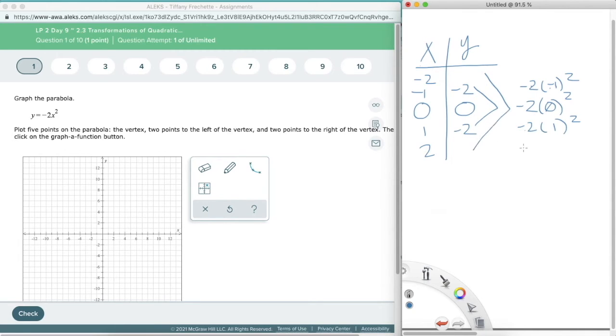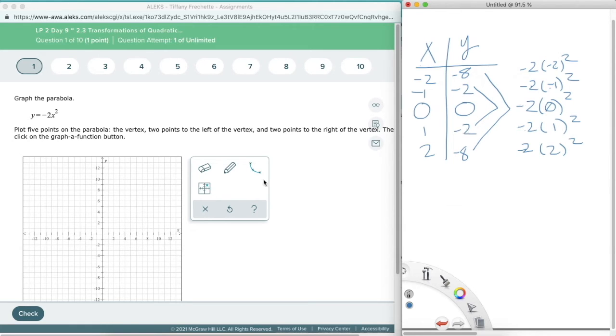So -2 times 2 squared, I get 2 times 2 is 4, times -2 is -8. So if I test this one, -2 times -2 squared, well, -2 squared is 4, times -2 is -8 again. So I can see this mirroring happening. I should see that from the middle, they should be the same on either side.